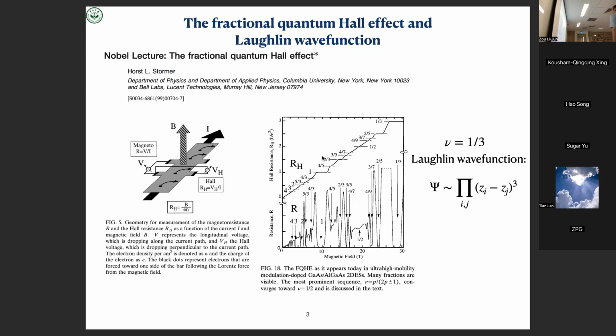The very peculiar feature of this wave function is that the power of the polynomial is 3. This number 3 comes from the fact that the filling fraction is 1/3, for the lowest Landau level.